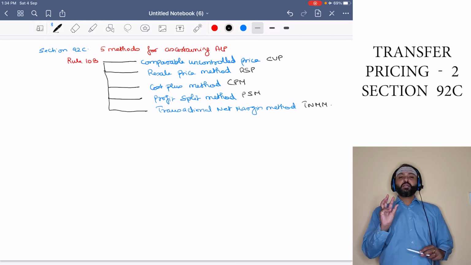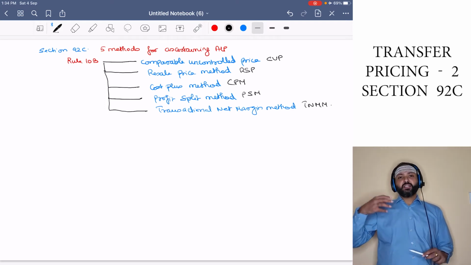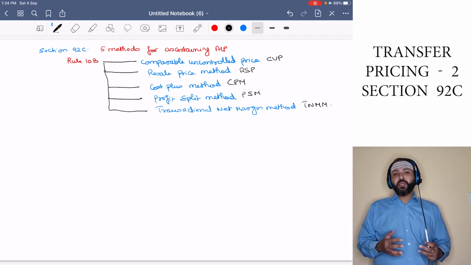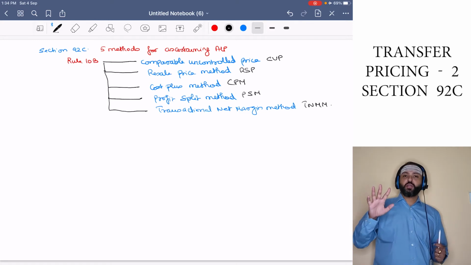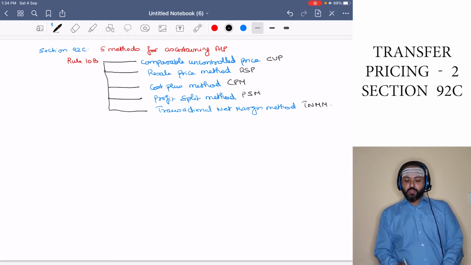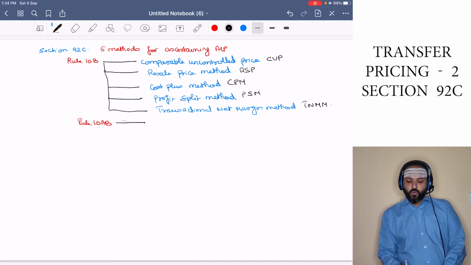So, based on scenarios which do not get captured under these five methods, where the assessee and the assessing officer feel that this particular transaction cannot be covered, and the assessing officer is sure that the five methods cannot be adopted, then they can go for the last method, which is provided under Rule 10AB. Okay, so this is a prescribed method.